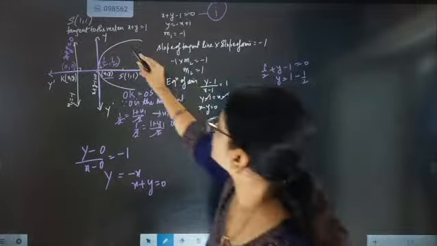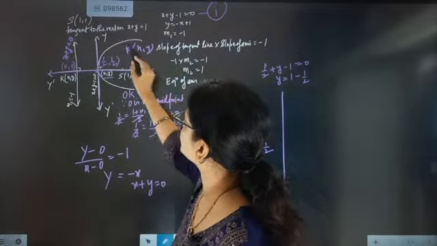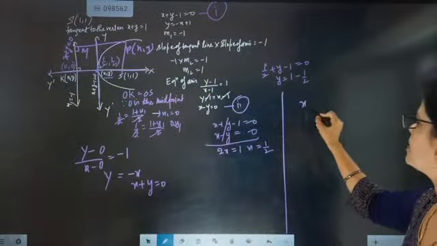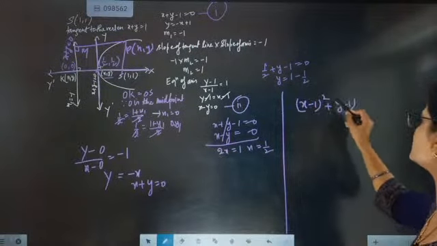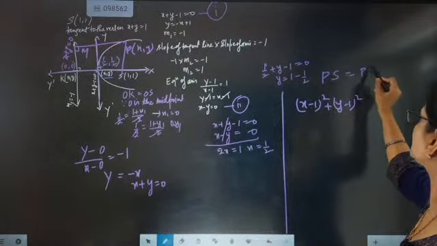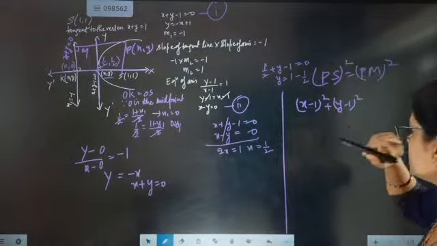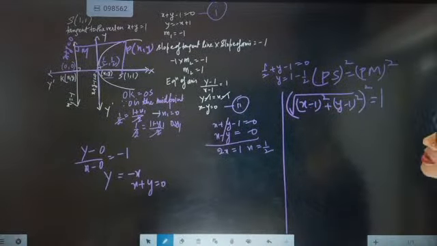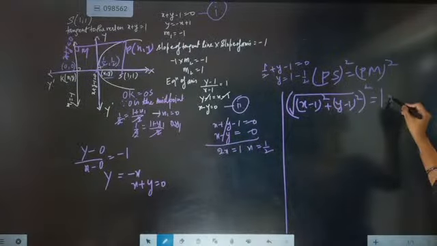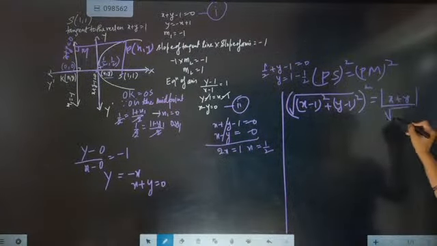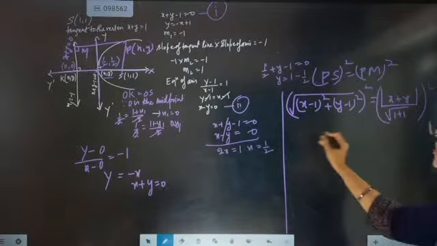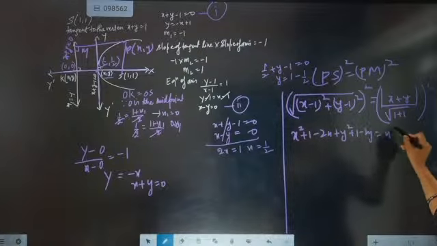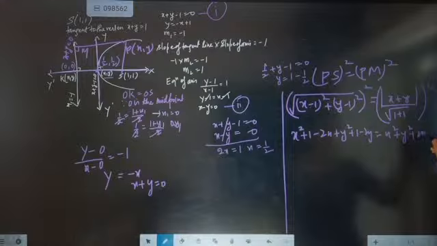Now you have the directrix equation, so PS will be equal to PM. Take this point as (x, y) and take this perpendicular as M. Then PS equals PM gives: (x minus 1) whole square plus (y minus 1) whole square equals the square of (x plus y) by root of (1 plus 1), that is (x plus y) whole square by 2. So x square plus 1 minus 2x plus y square plus 1 minus 2y equals (x square plus y square plus 2xy) by 2.